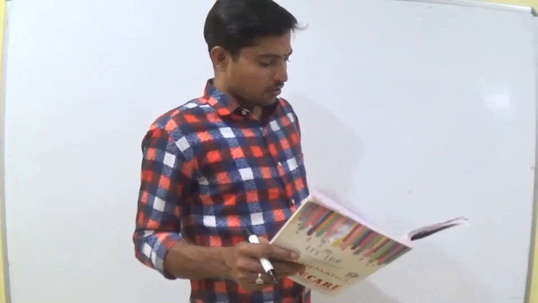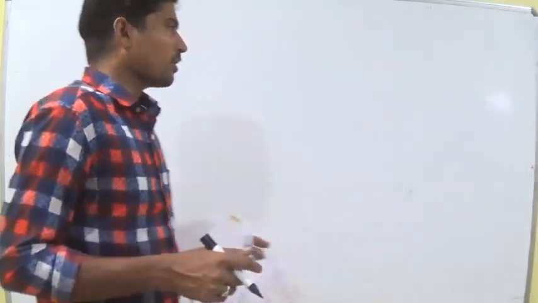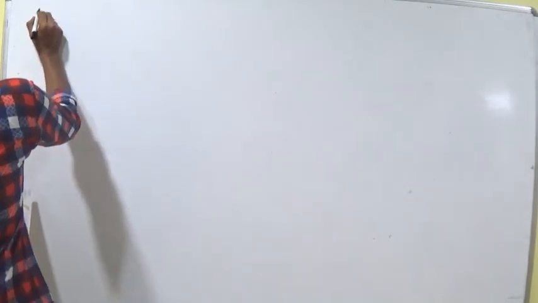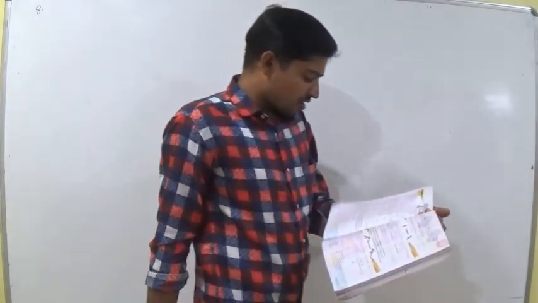Now we are going to explain the 8th one. Here we need the equation of the tangent at a point.